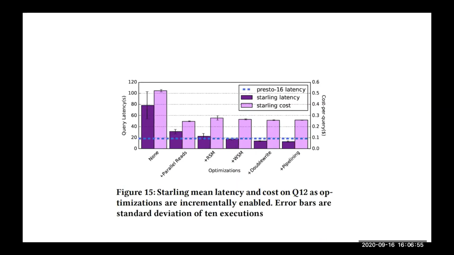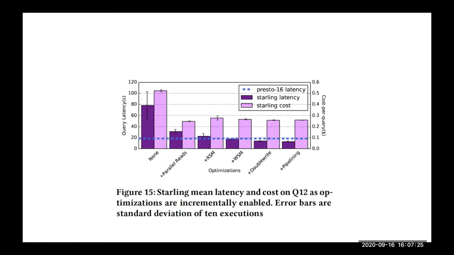The biggest benefit comes from the parallel reads. The parallel reads are when workers issue not one read, but multiple reads at a time, because they take advantage of the throughput that S3 provides. And from there, the read straggler mitigation decreases the tail latency, and so does the write straggler mitigation.